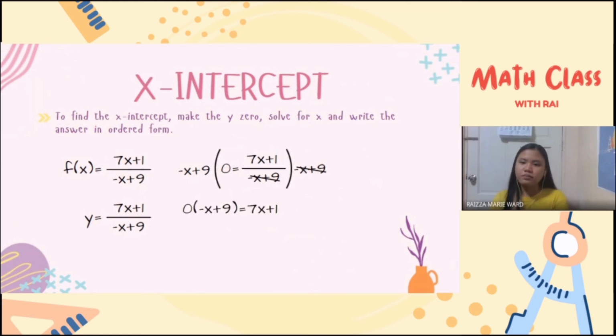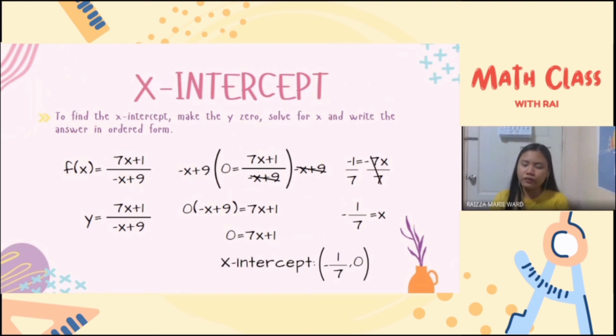Multiply negative x plus 9 to 0 is equal to 0. 0 is equals to 7x plus 1. Transpose to the left side to isolate x. Divide both sides by 7 para maiwan uli si x. Cancel. And x is equals to negative 1 over 7. Write it in ordered form. X-intercept is negative 1 over 7, 0.